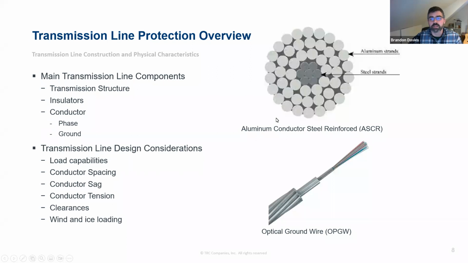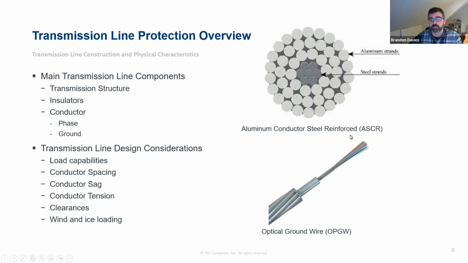So on the right-hand side here, I've got a couple images of what these conductors look like. So the most common type of conductor that typically we would see, for the phase conductors or for ground conductors as well, is aluminum conductor steel reinforced.